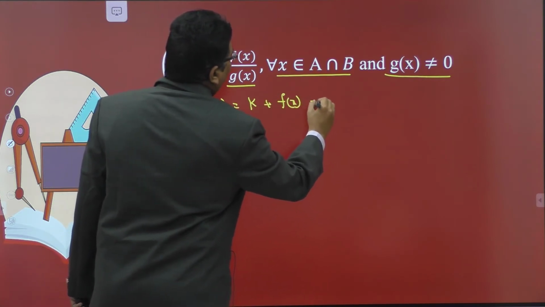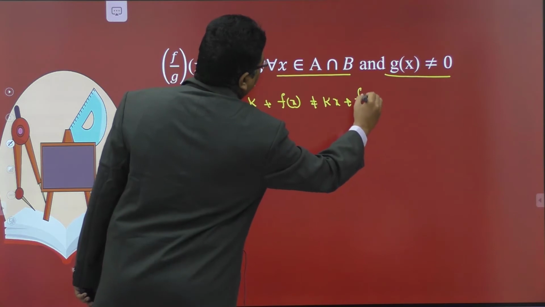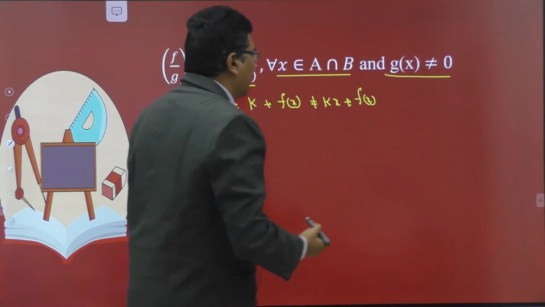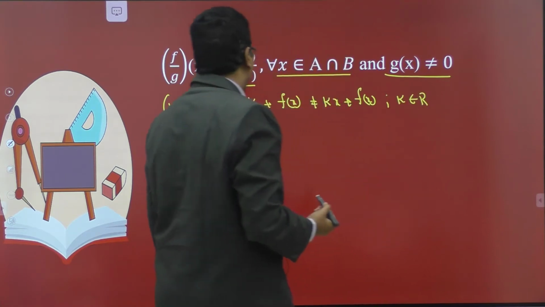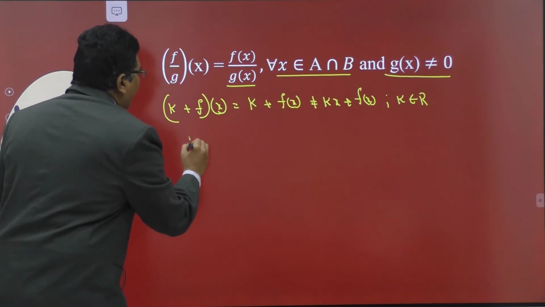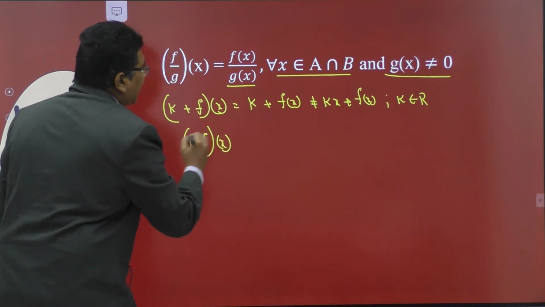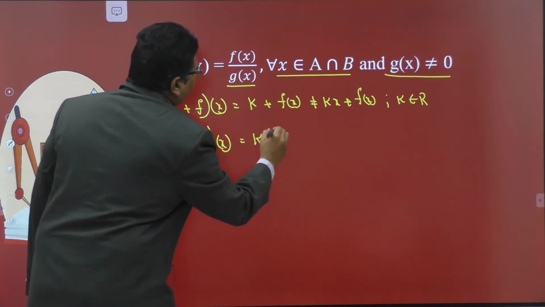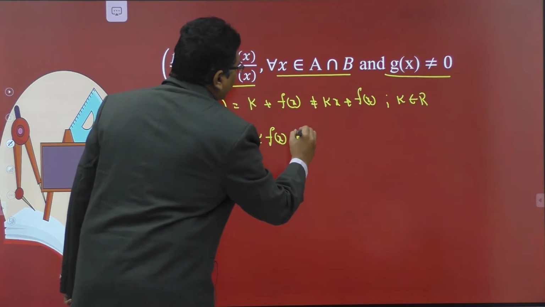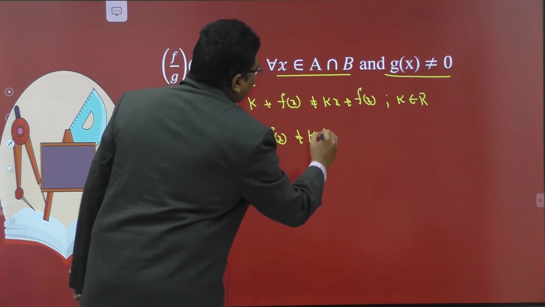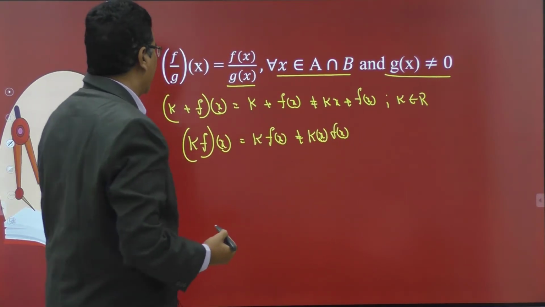This is not equal to kx plus f(x). Now, (kf)(x) can be defined as k times f(x). This is not equal to k(x) into f(x), right?